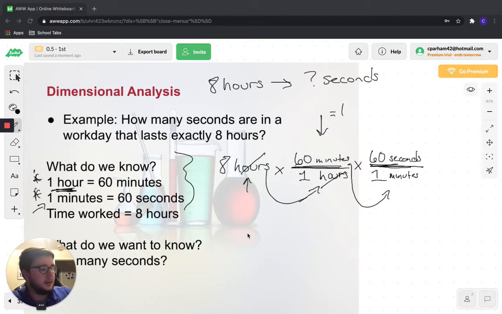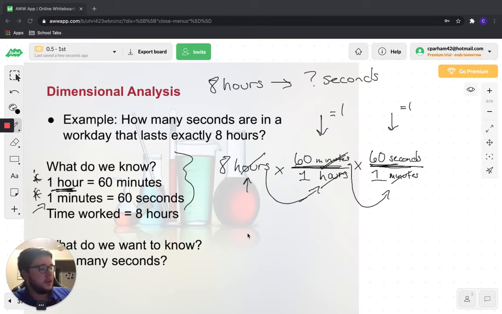Okay, now minutes will cancel out because there it is up top, here it is on bottom, and again, 60 seconds divided by 1 minute represents the same amount of time. So that fraction evaluates to 1. Anytime I multiply by a conversion factor, I'm really just multiplying by 1. But it will allow me to express my quantity in different units.